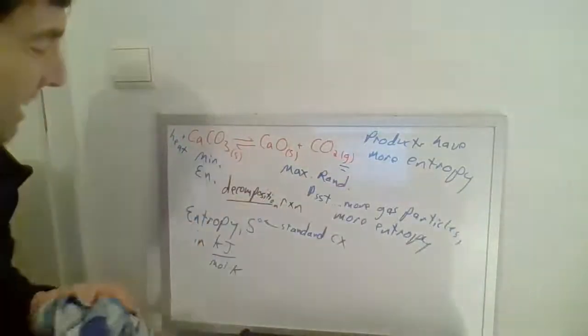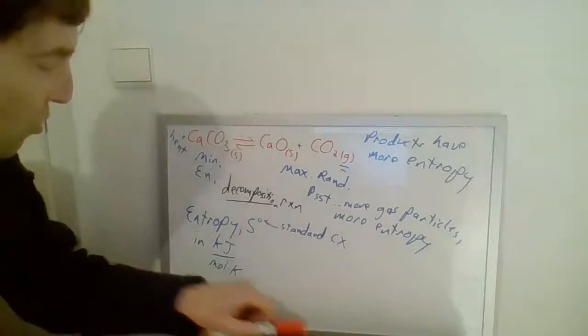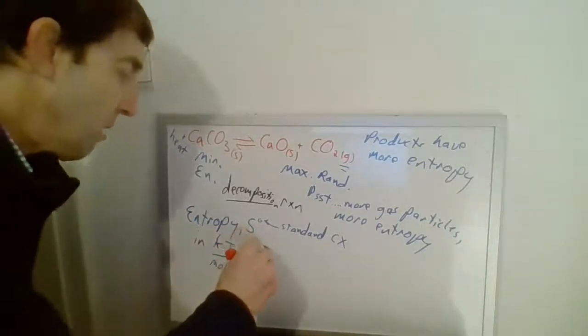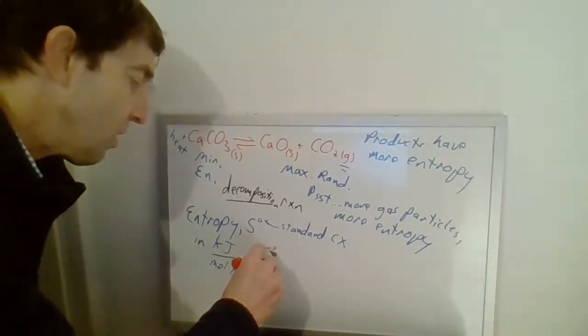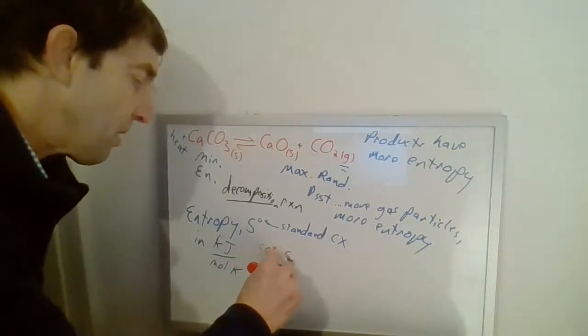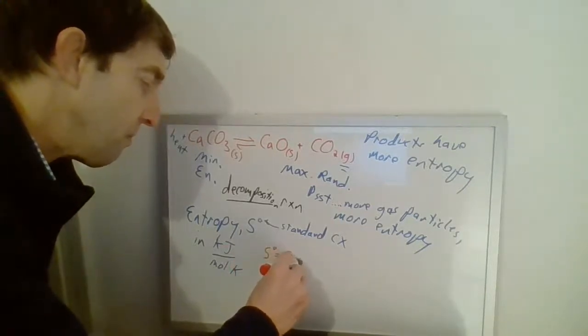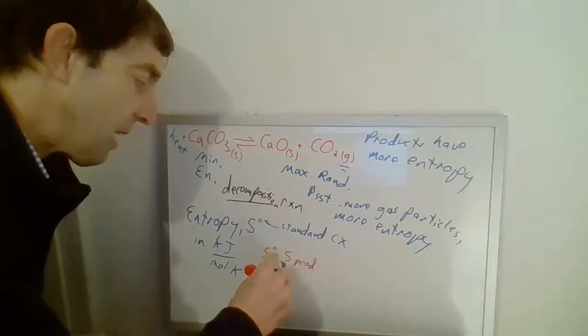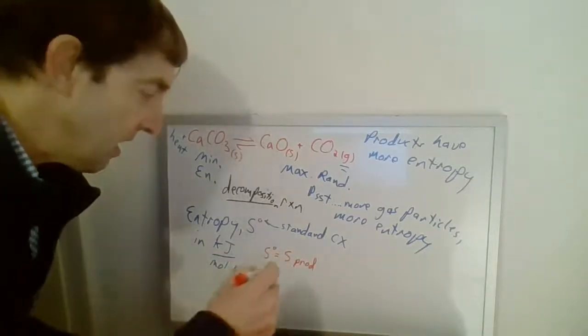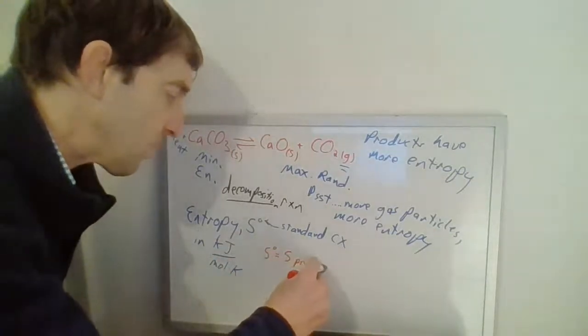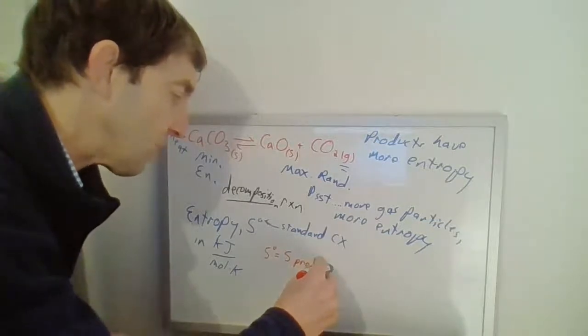Okay, I can get the actual entropy as a number by doing what? I can do the entropy of the products. So S of the products minus the entropy of the reactants.